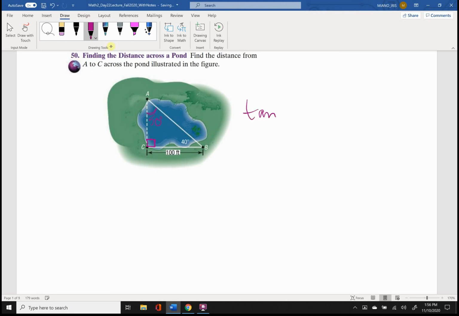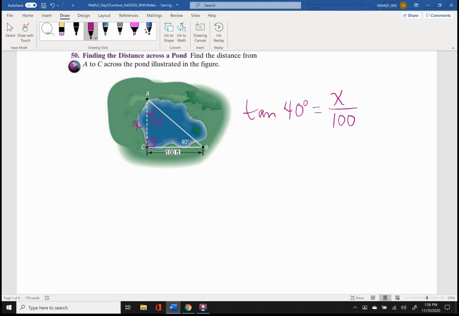All right, so therefore, let's take the tangent of 40 degrees, and let's give it the ratio of opposite. That's going to be our unknown length. Let's go ahead and give it some letter variable just to make the calculation easier. I'll call it x. So that'll be x, the opposite side, unknown length, and the adjacent side is 100.